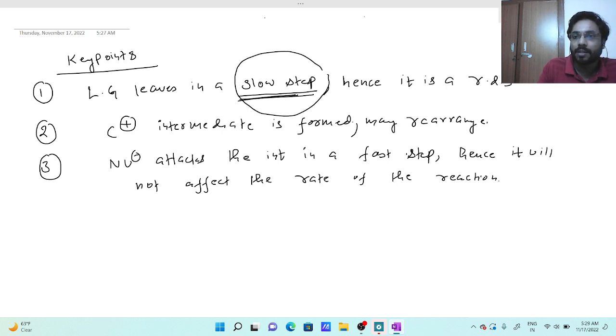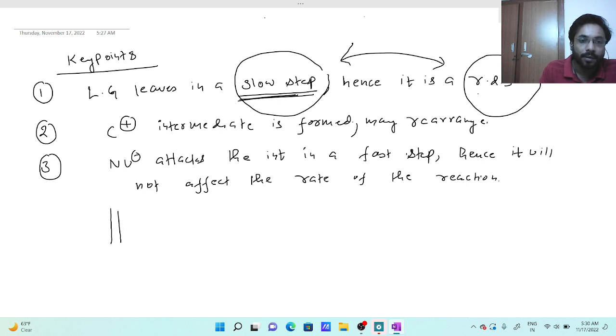This is somewhat related to the kinetics of the reaction. So why is only the slow step the rate determining step? Let us understand this. To clear this concept, I will take one example. Let's say this is a narrow pipe, and this is a cross section which is very wide.